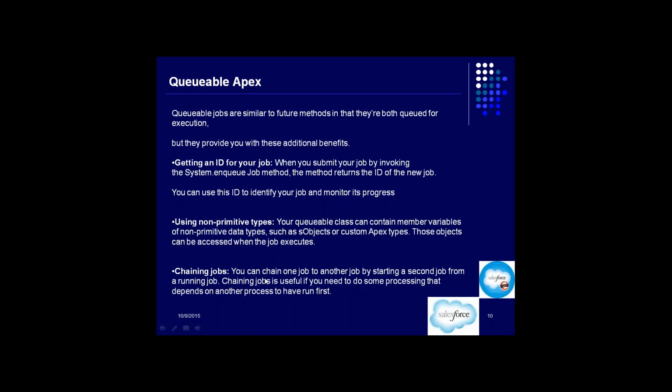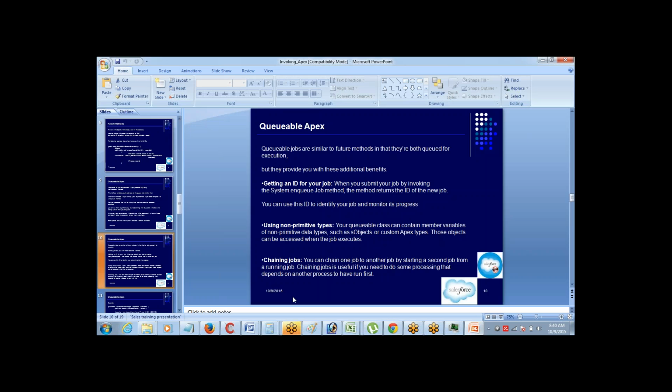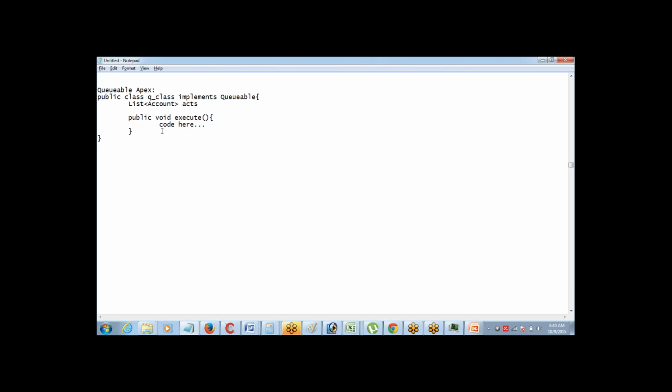You can chain one job to another job by starting a second job from a running job. Chaining is useful if you need to do some processing that depends on another process having run first. Got it? Let's say I have one queuable class or queuable Apex and I have another one, which also has code.